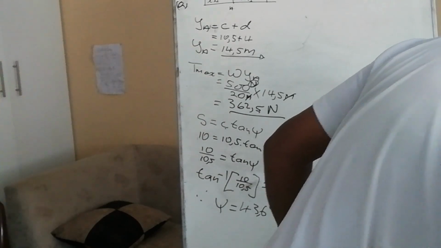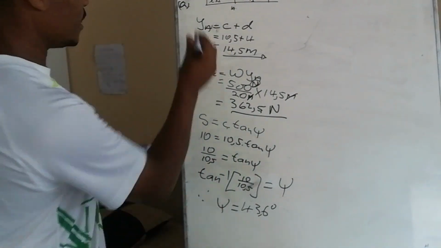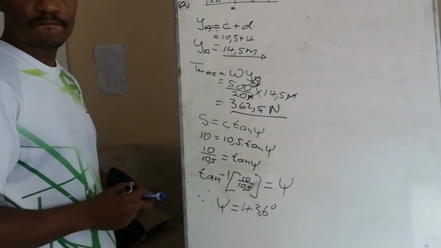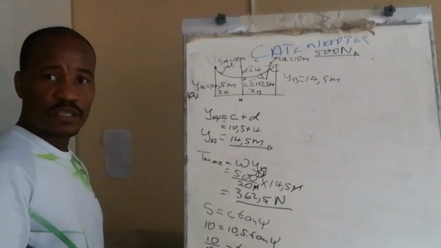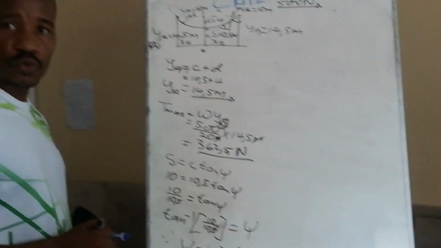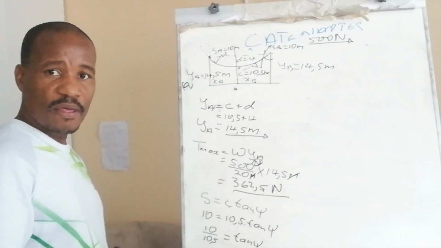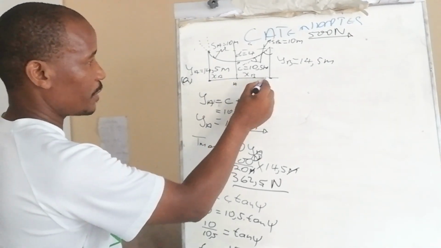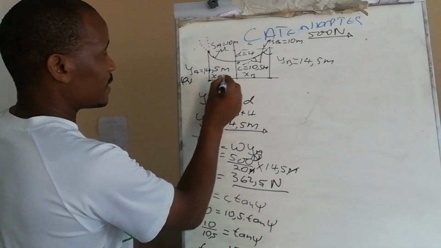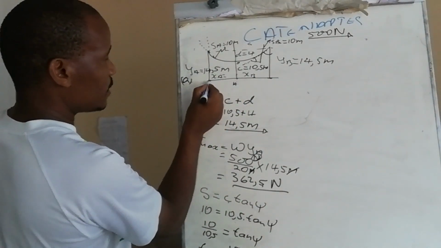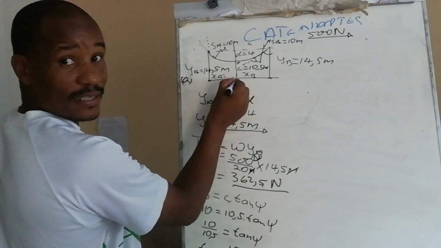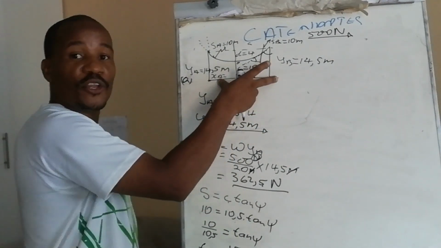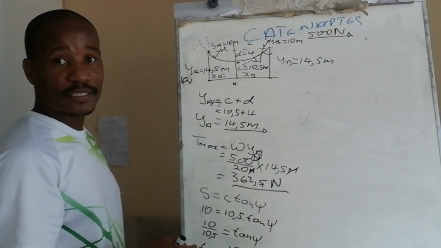They asked for the horizontal distance between the two fixing points. So this distance, XA, is the distance from here to there. XB is the distance from here to there. The combination of the two will give you the total distance.